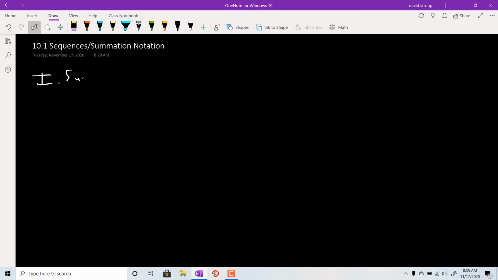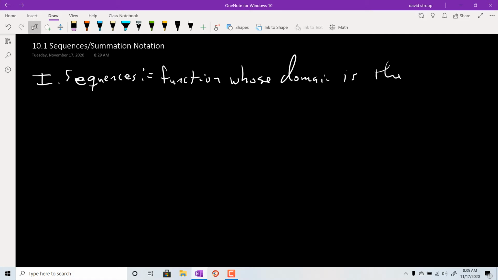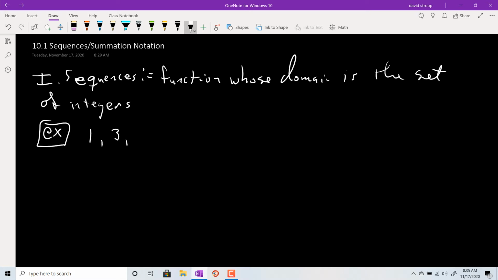So let's begin with a definition for sequences. A sequence is a function whose domain is a set of integers. So an example of a sequence: 1, 3, 5, 7, and so on, with the formula 2n minus 1.